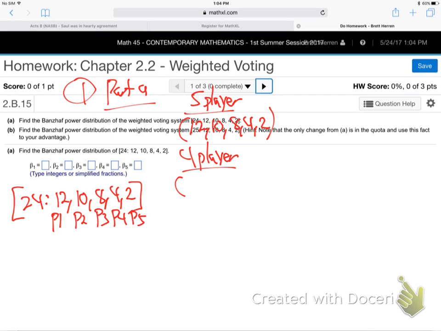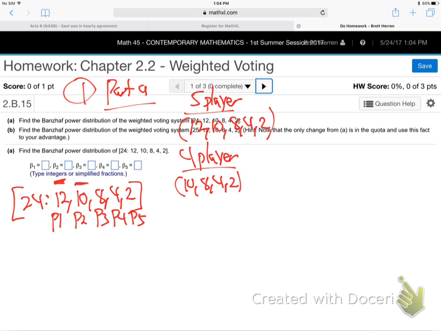Now here comes the quiz question, see if you're getting the concept. You have 5 originally, so how many 4-player teams will there be? There'll be 5. Well, I don't know how many will be winning, but there'll be 5 total, right? Because you can leave each of the 5 guys out, one at a time. So I can leave out the 12, and we'll have 10, 8, 4, 2.